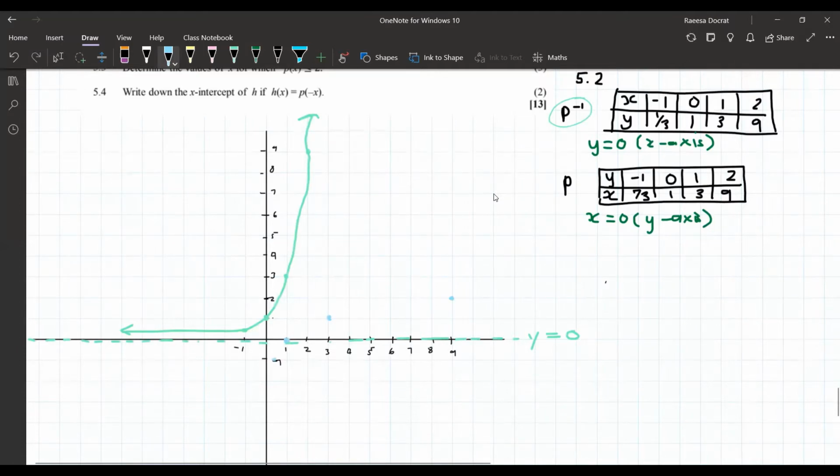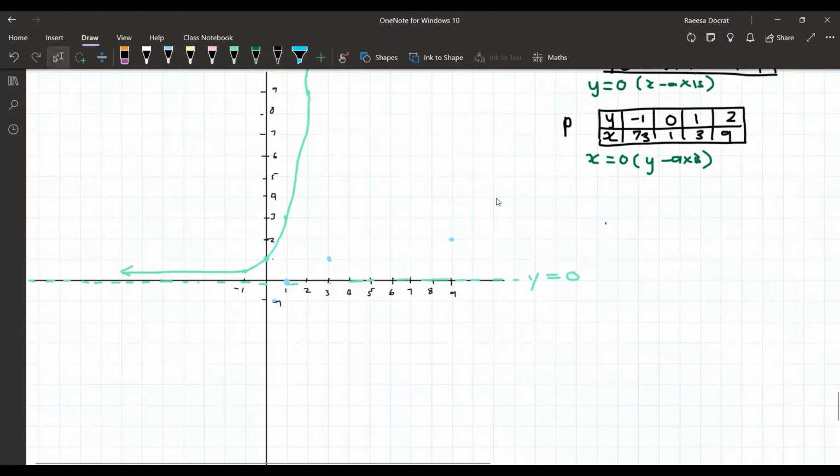And this time our asymptote is y is equal to 0, which is the x-axis. Again, we show that it approaches but never touches. Sorry, the tail bit looks a bit off, let me just erase that. It approaches, but it never touches.